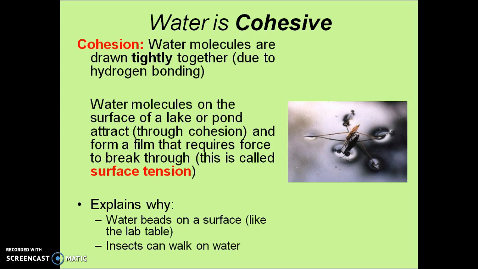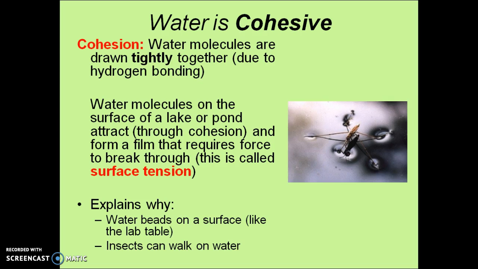Now, because water molecules are polar and are able to form hydrogen bonds with each other, they demonstrate a property called cohesion. What cohesion means is molecules that are alike or identical to each other sticking together, in this case, water.